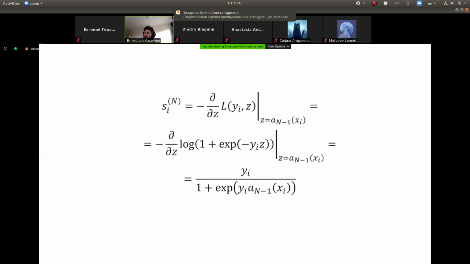Okay, and the same for logistic. We just take our loss function, take the derivative, and here we could analyze it and develop more intuition.